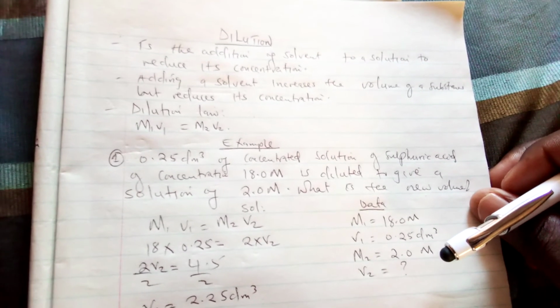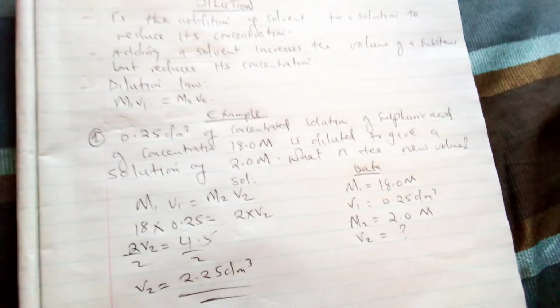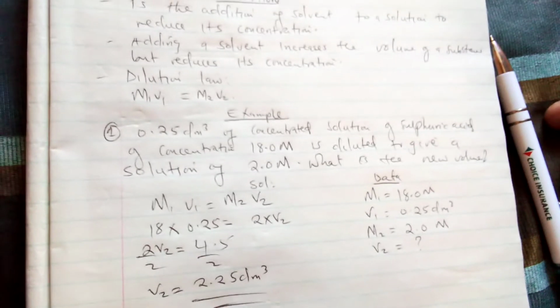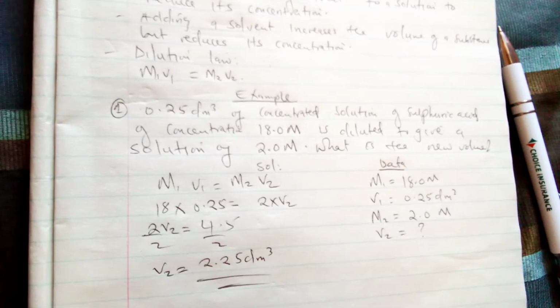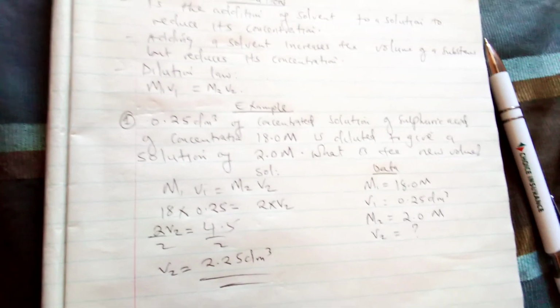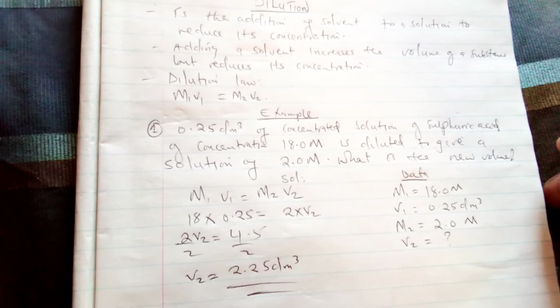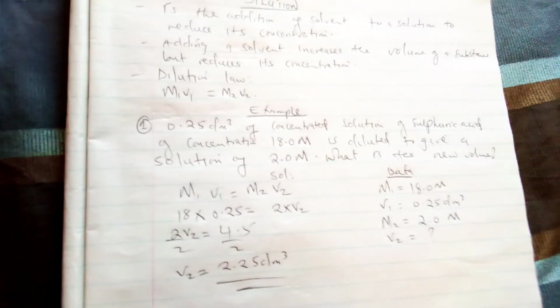All right, the last thing is dilution. If the drink is concentrated, you want to dilute, meaning you are adding a solvent. For example, you have juice. When you are adding a solvent there, you are reducing the concentration, isn't it? It becomes less concentrated, that sweetness starts going away.